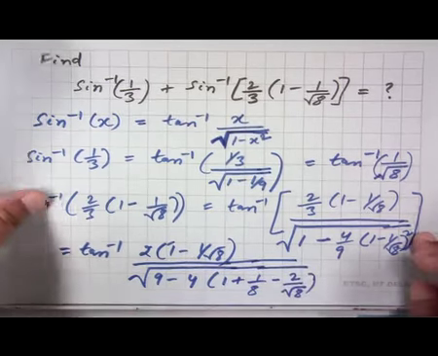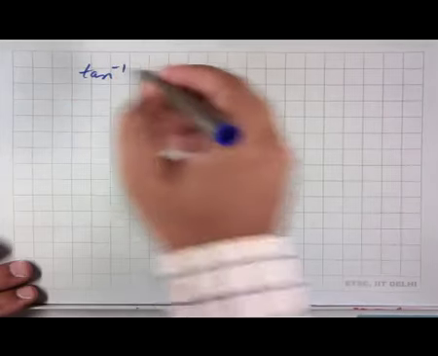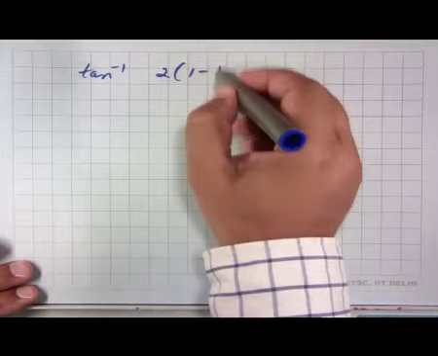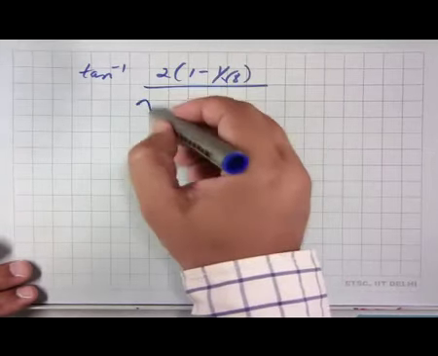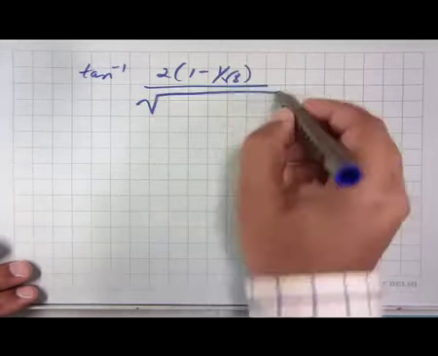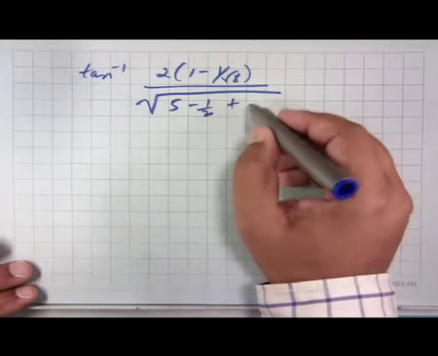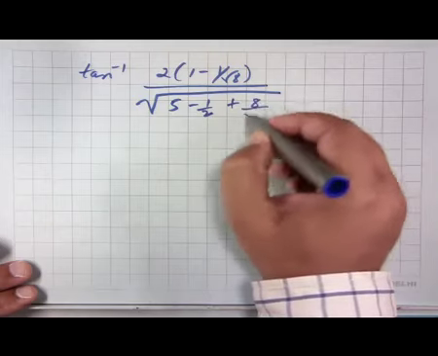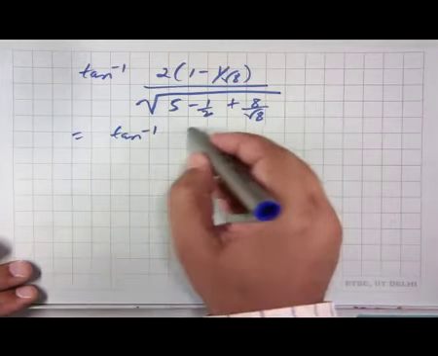And that, if we take it to the next slide, will be equal to tan inverse of 2 times 1 minus 1 by square root of 8 over square root of, so 5 and then minus half and then plus 8 by square root of 8, which is equal to tan inverse of 2 times 1 minus.